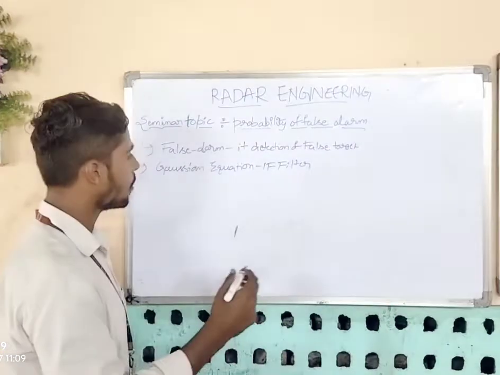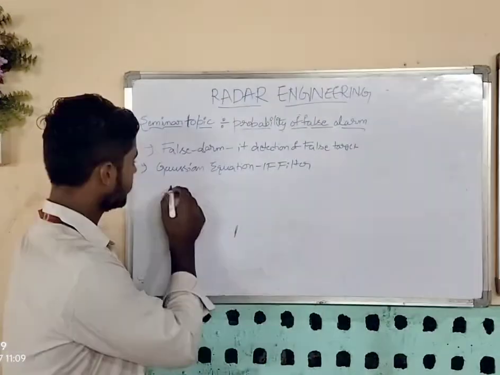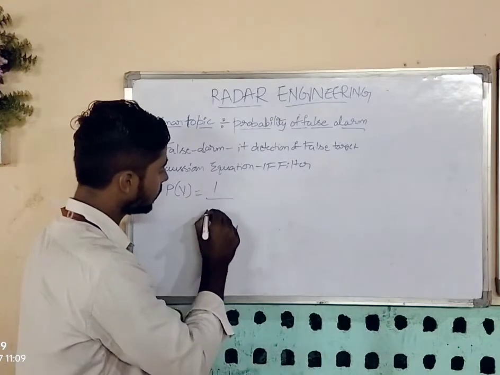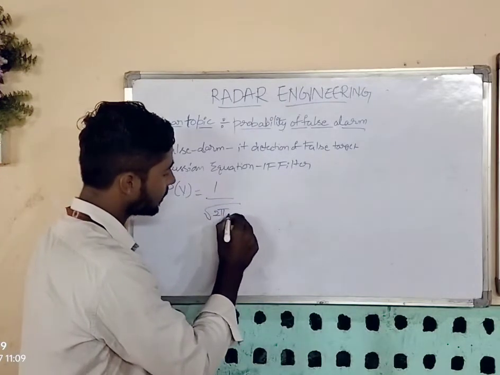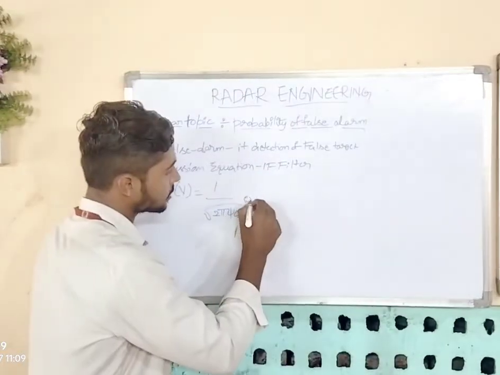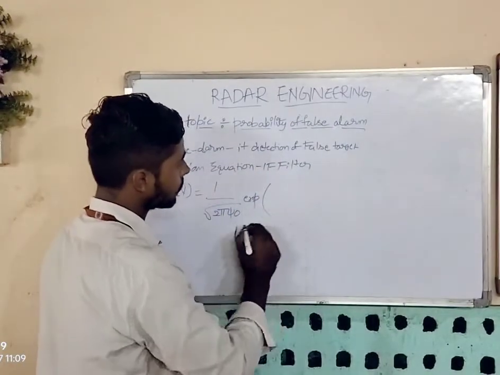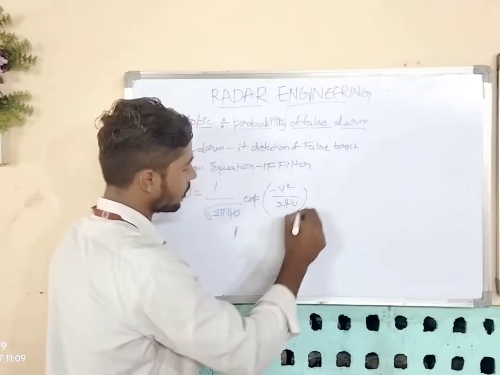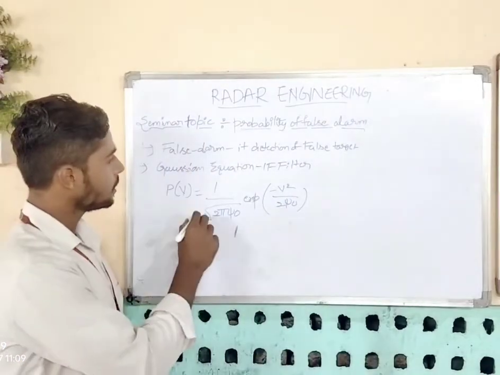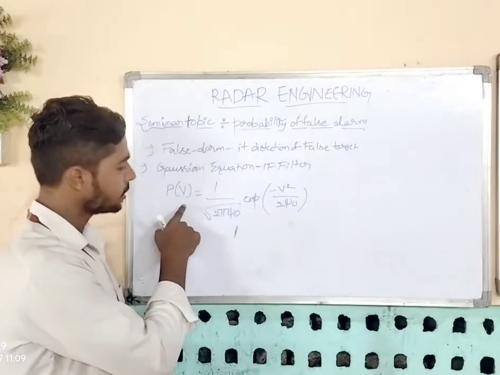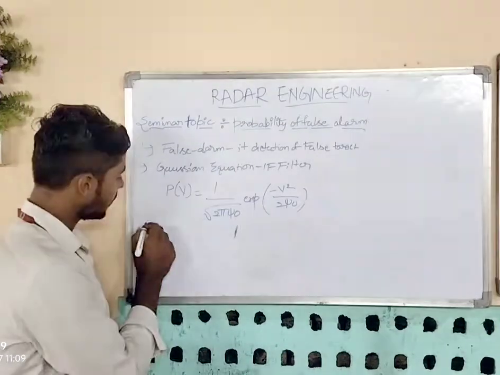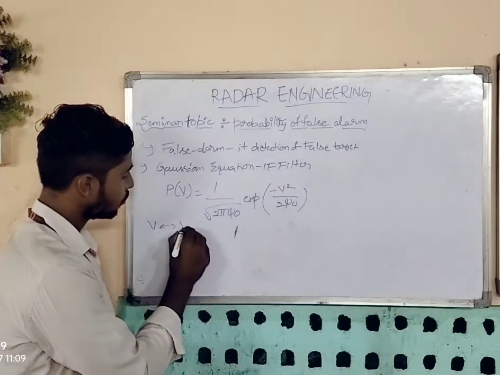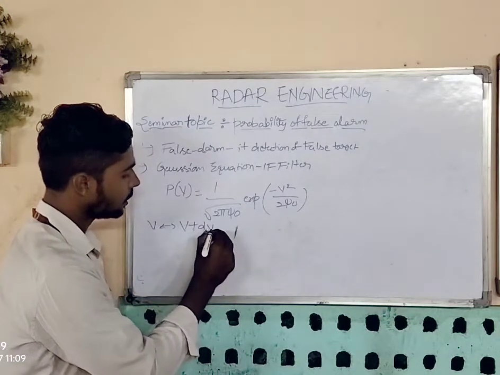In order to find the probability density function of a voltage, P of V is equal to 1 by root of 2 pi psi naught, exponential of minus V square by 2 psi naught. Here it is the probability density function of a voltage, varying from V to V plus dV, the change of voltage.